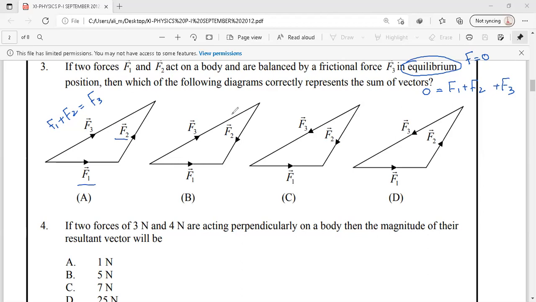Similarly, in this diagram, the diagram does not show a complete cycle. The tail of the first vector should be the head of the last vector.